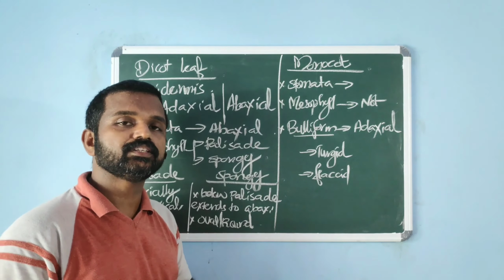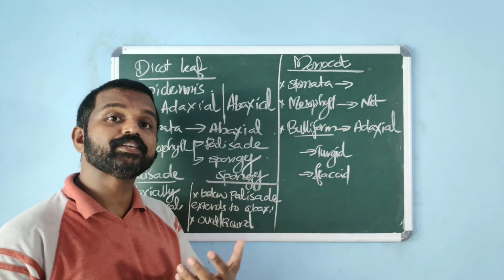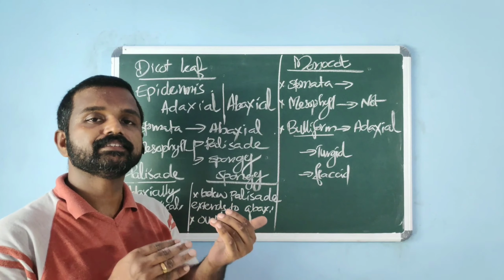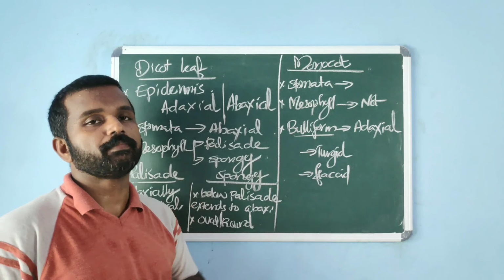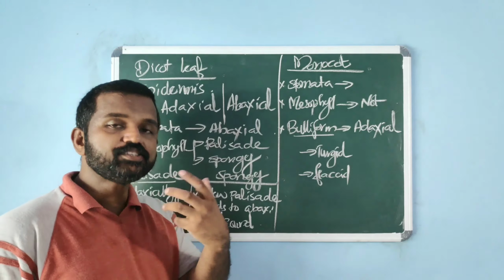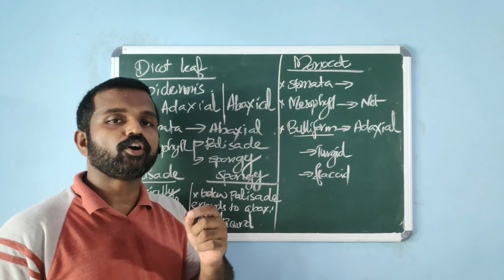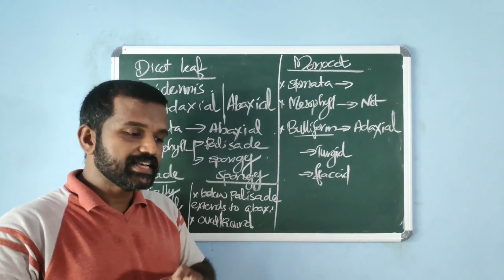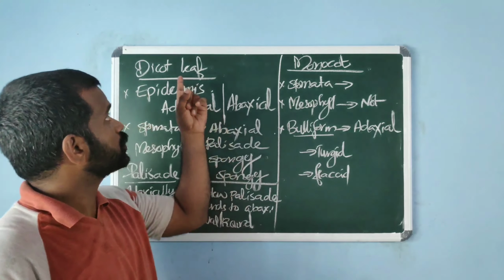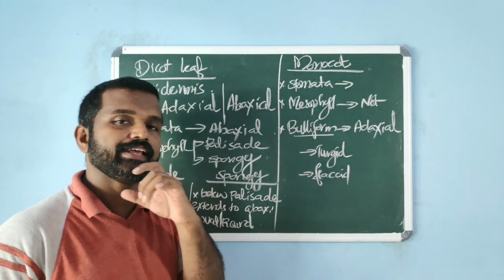These cells have intercellular spaces or air cavities in between. Then the vascular system: the size of the vascular bundles depends on the size of the veins. Size variation can be seen in the reticulate venation of dicot leaves.